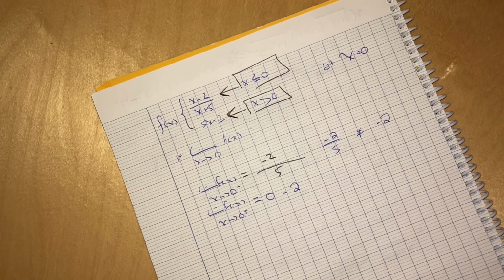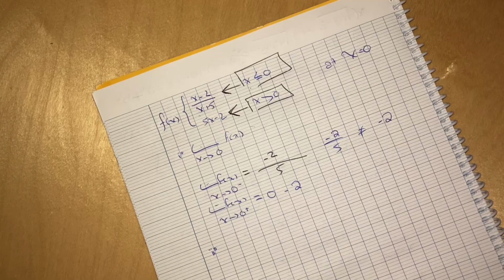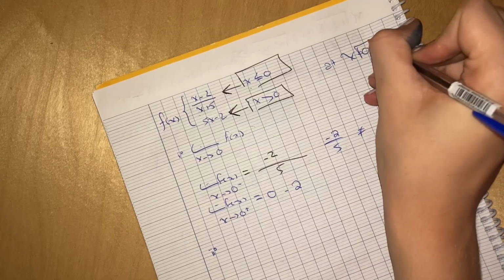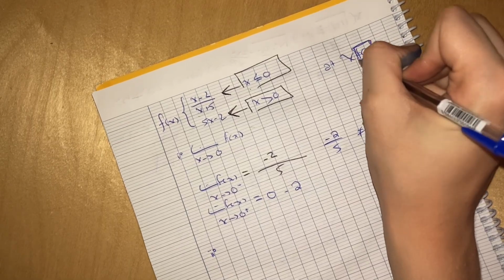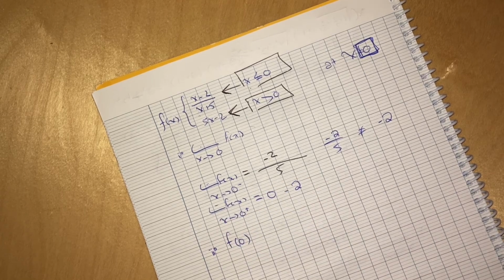Now, obviously we can say that it's not continuous from here on out, we don't have to continue. However, I'm going to continue just to explain a little something else to you guys. So f of a needs to be defined. f of a is f of x when x is this number right here. This is a. So f of a is f of 0.